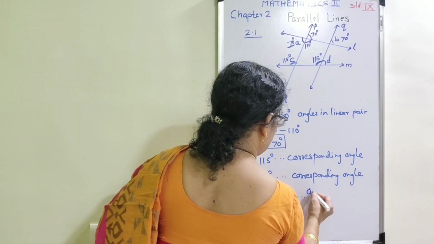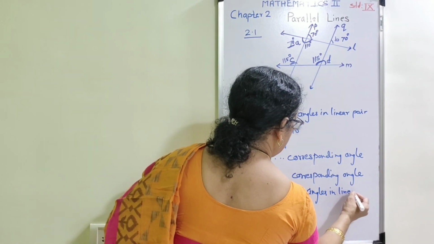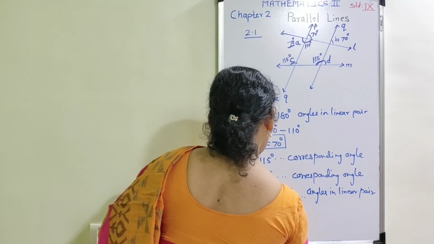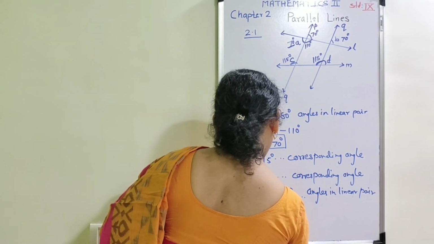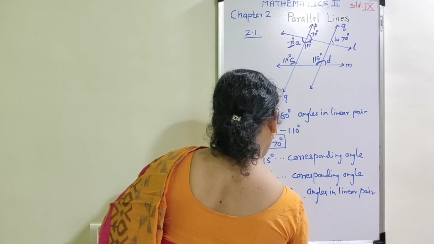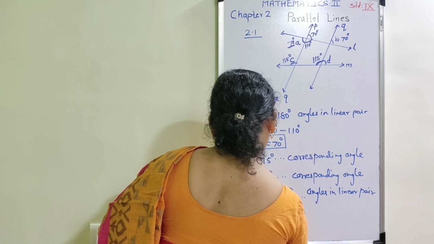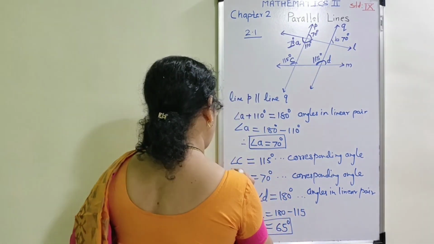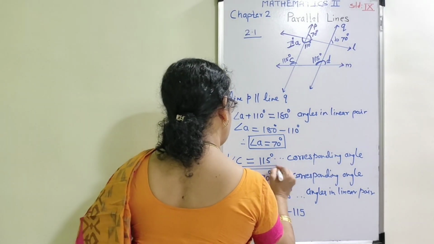The reason is angles in linear pair, and therefore angle D is 180 minus 115. When I subtract 115 from 180, I will get the answer. Angle D is equal to 65 degrees. Therefore, these are four measures which are required.